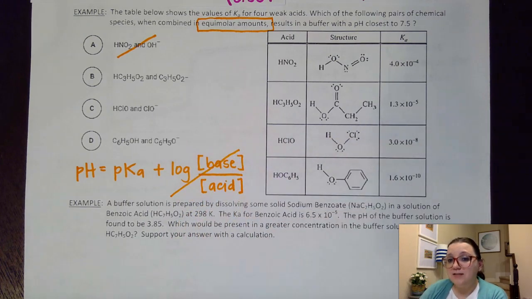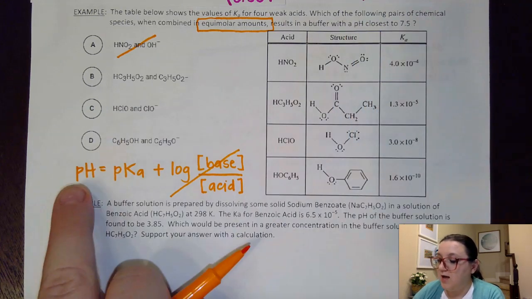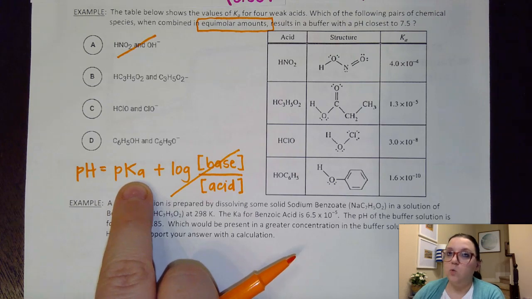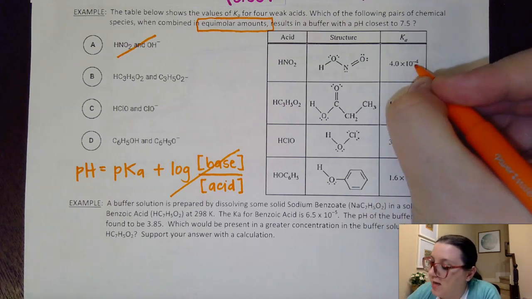So what that means is that if I'm looking for a pH closest to 7.5, I'm looking for a pKa close to 7.5. Now, this being a multiple choice question would have been done without a calculator. This was actually on an AP test. And you're looking at these numbers and you're thinking, well, wait, I have to take the negative log of those to figure out what the pH is, so how in the world would I do that? Well, I'm going to give you a hint. Remember, we can approximate a p-value for these by looking at our exponents.